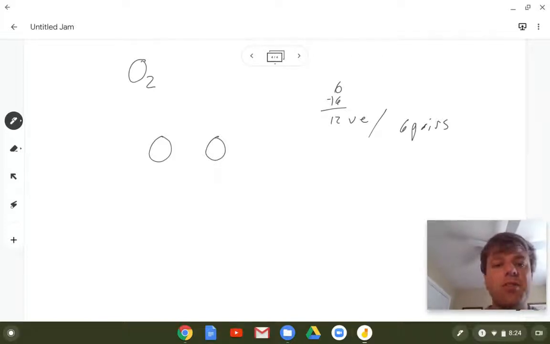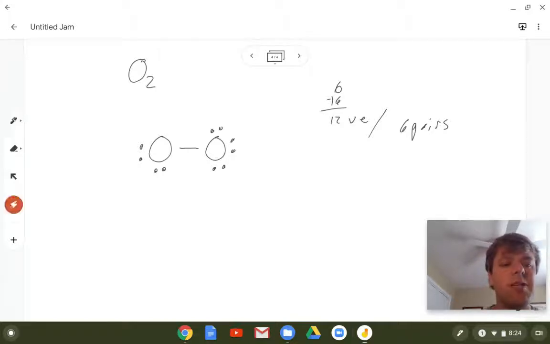So if we go 1, 2, 3, 4, 5, 6, we've drawn all 6 pairs of electrons, but this oxygen over here is short a pair. It's only got 2, 4, 6 electrons around it, while this one over here has 2, 4, 6, 8 electrons around it. That's a problem.